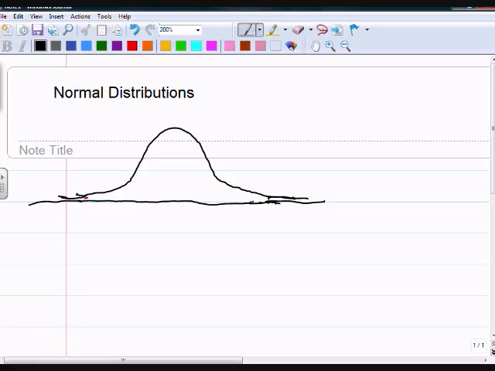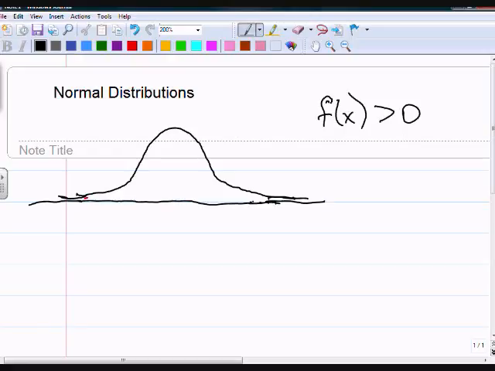It is always above the x-axis. It never touches the x-axis. So that's why I say we have those asymptotes at y equals 0. So this function, called the normal distribution, is always greater than 0.